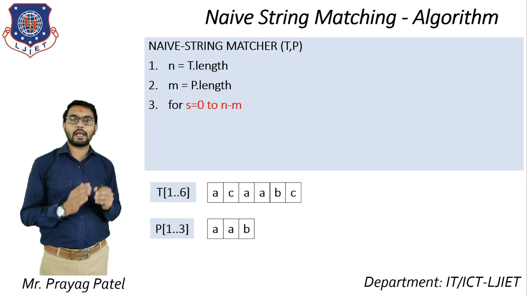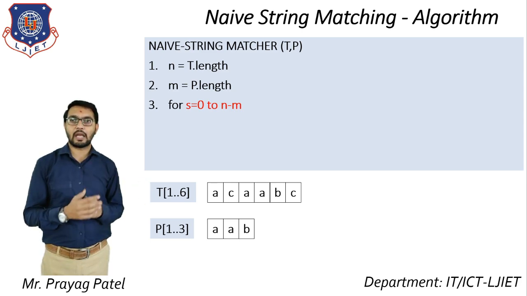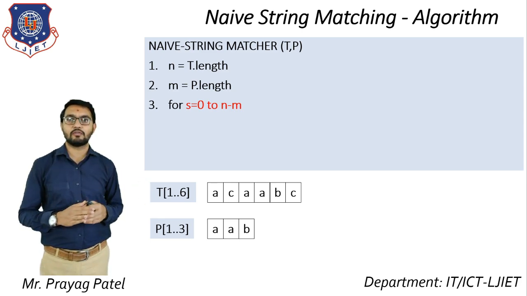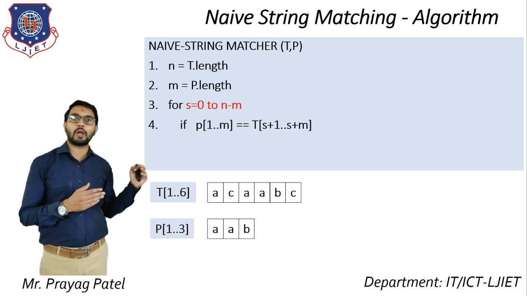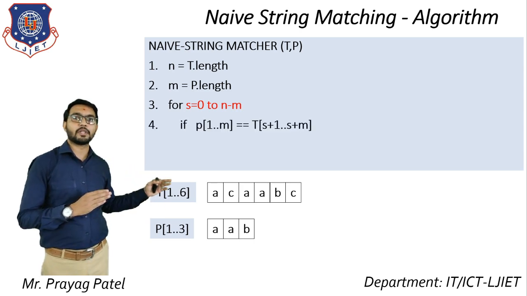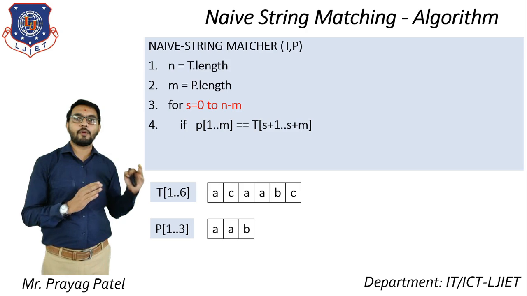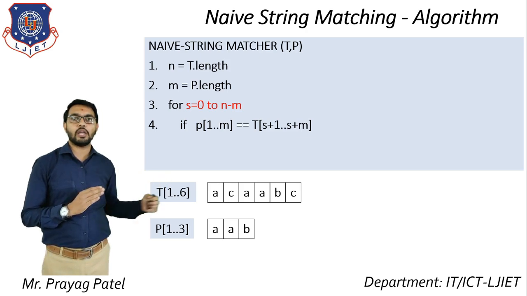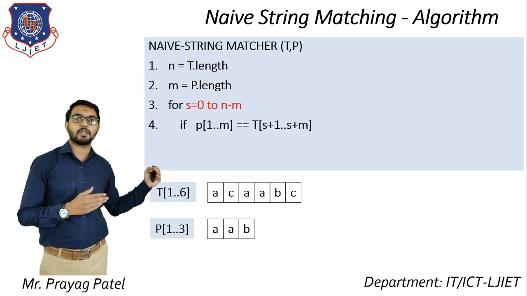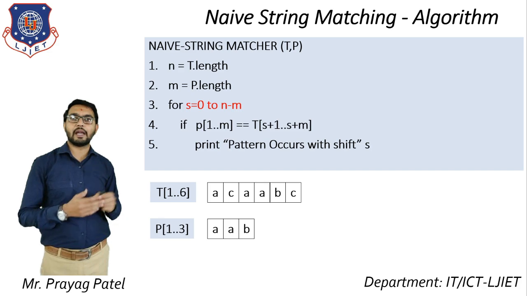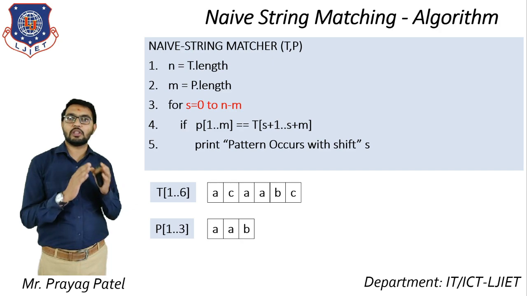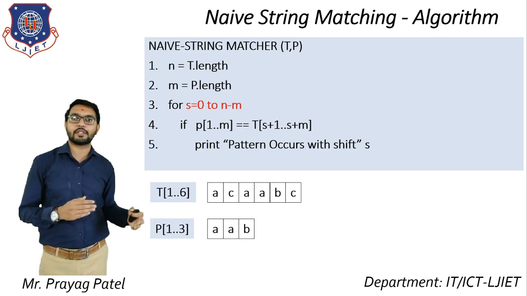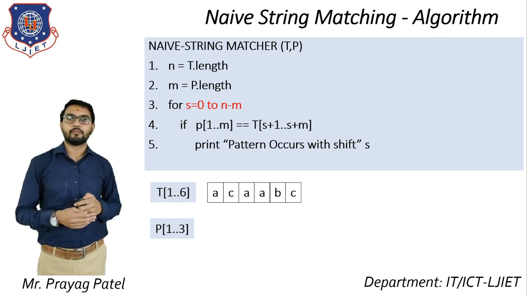Now consider for S equal to 0 to n minus m. We already did this in your example. So here consider S from 0 to n minus m. Perform the operation: if P[1..m] equals T[S+1..S+m], then print pattern occurs with shift S. So your pattern matching with a particular shift operation is your final answer.